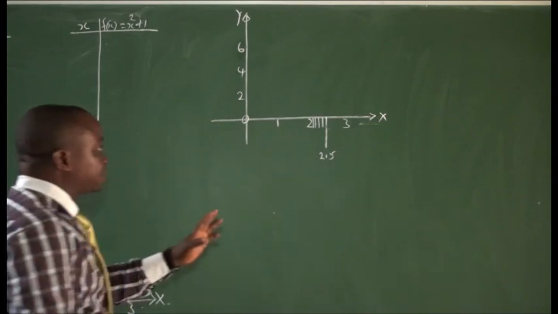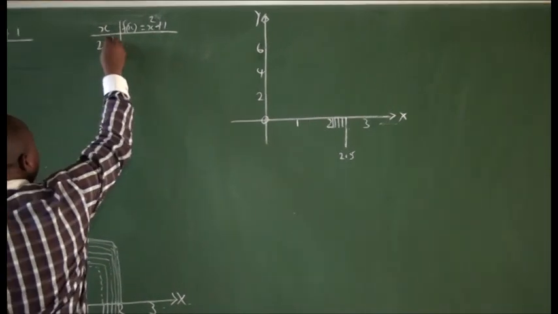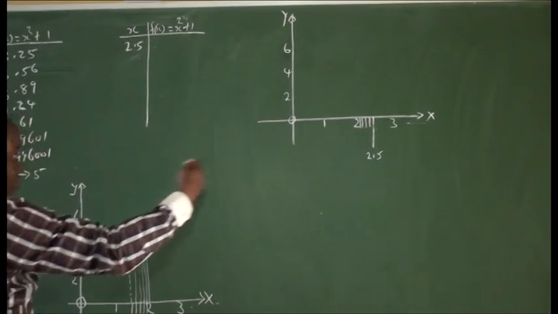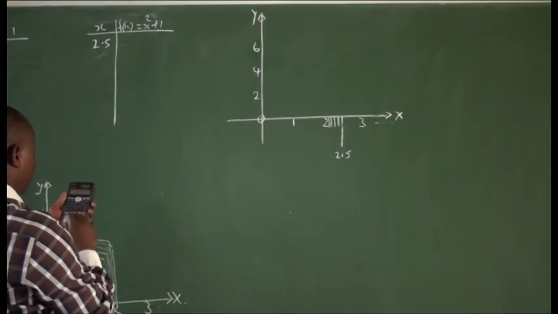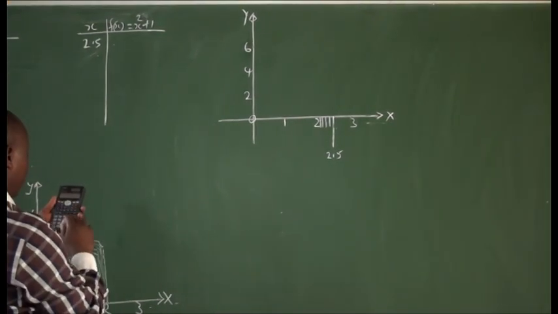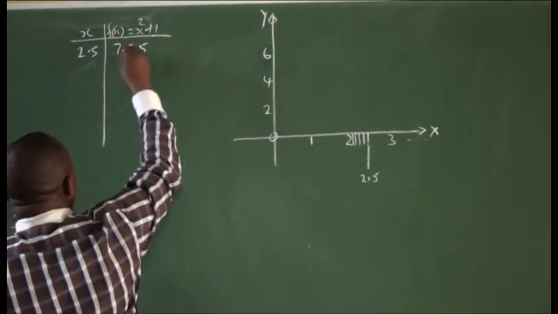Right, so in that place, when x is 2.5, it's coming from the other way. So if I put it here, 2.5 square plus 1, you give me 7.25.